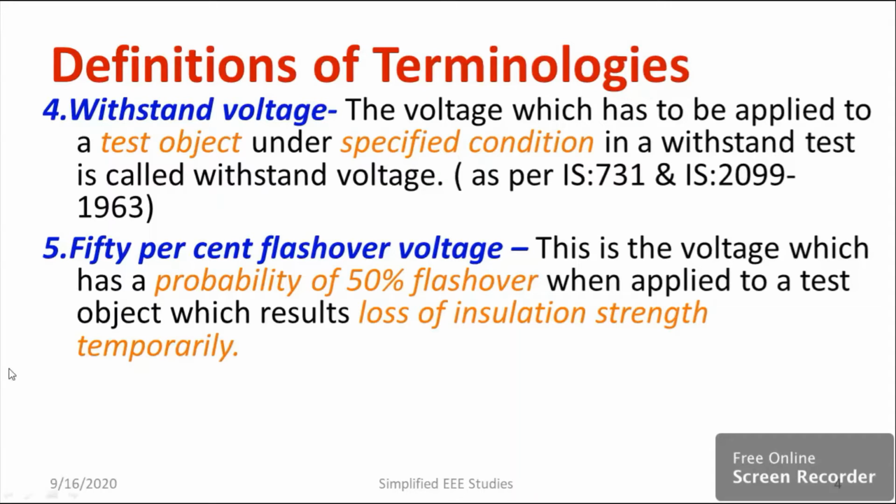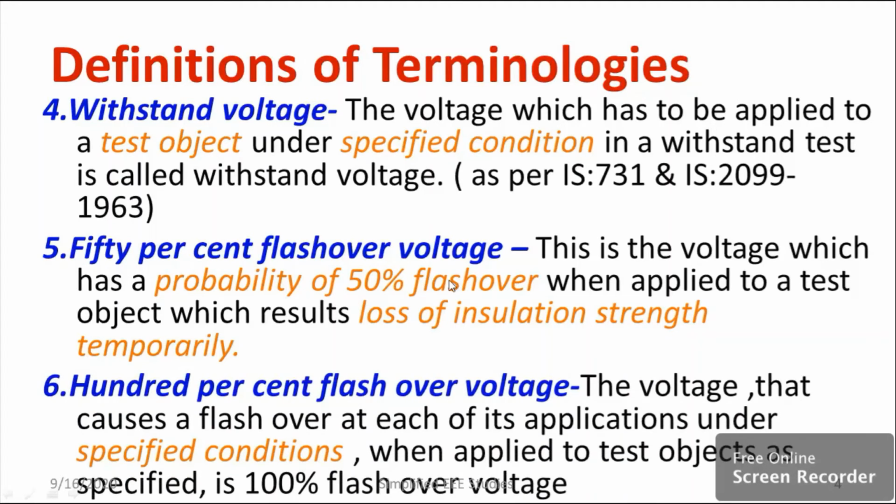So you have to underline the word probability: the probability of occurrence of flashover is 50%. That is why it is known as 50% flashover voltage. Whenever you apply the voltage, there is a probability of occurrence of flashover of around 50%. So this is applicable for liquid and gaseous dielectric material.